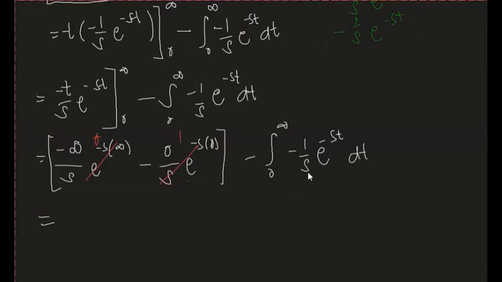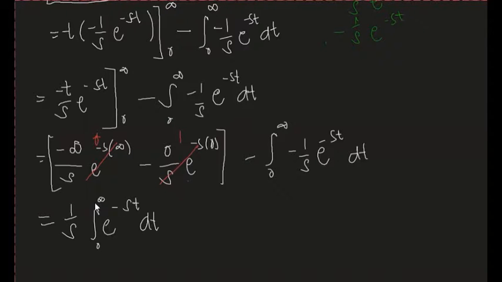So this will be equal to, negative times negative will automatically be equal to positive. So this will be positive 1 over s. So positive 1 over s, then the integral of e raised to negative st dt from 0 to infinity.